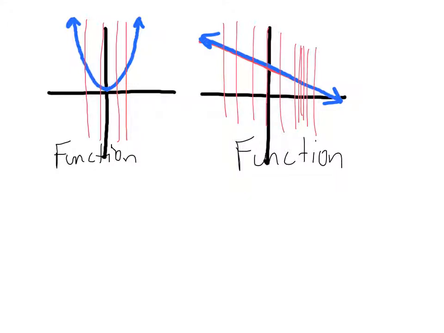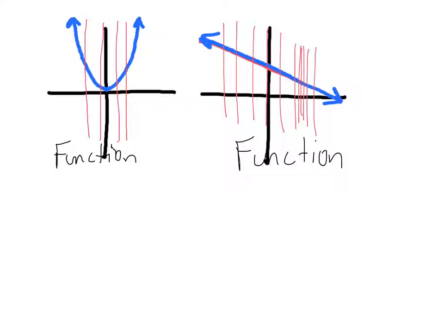Because if I drew a vertical line and then did the vertical line test, our test line would cover the entire vertical line, and so it intersects it everywhere, so it's not a function. Other than vertical lines, every other line is a function.